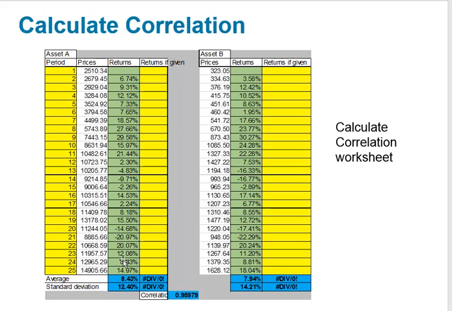The correlation between these two assets is 0.959. What that means is it's almost a perfect positive correlation. So if you combine these two assets together, you will get some diversification, but very minimal, because of how closely related these two assets are.